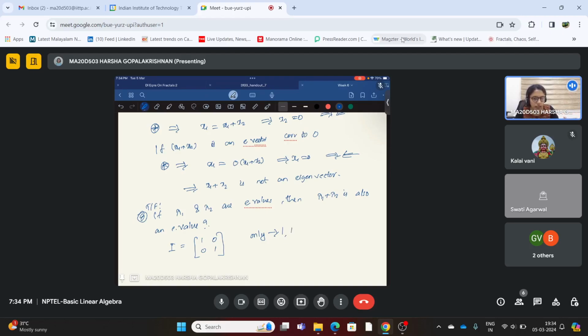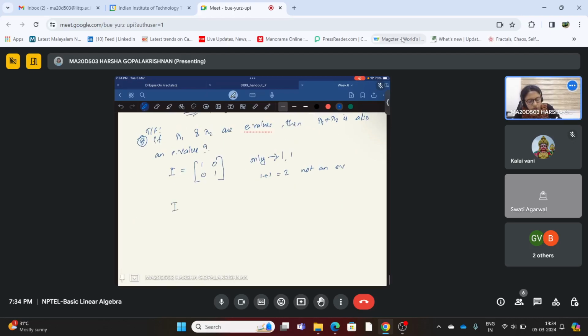So 1 plus 1 equals 2, not an eigenvalue. Or you can take any matrix with distinct eigenvalues, some diagonal matrix like [1 0; 0 2]. So 1 and 2 are eigenvalues, 1 plus 2 equals 3, not an eigenvalue. That's all.